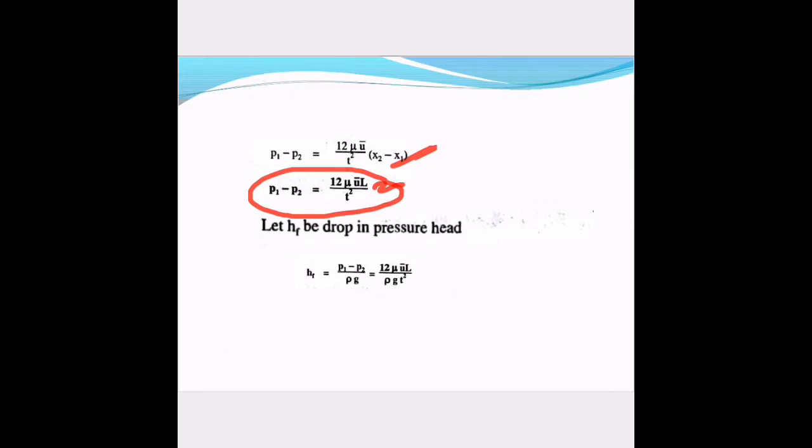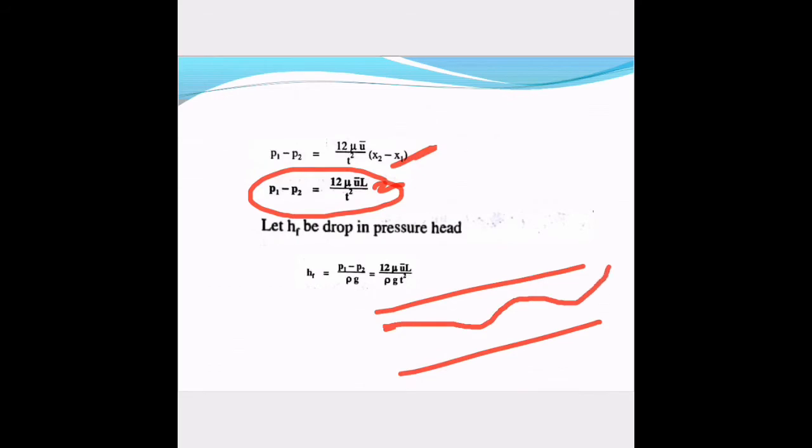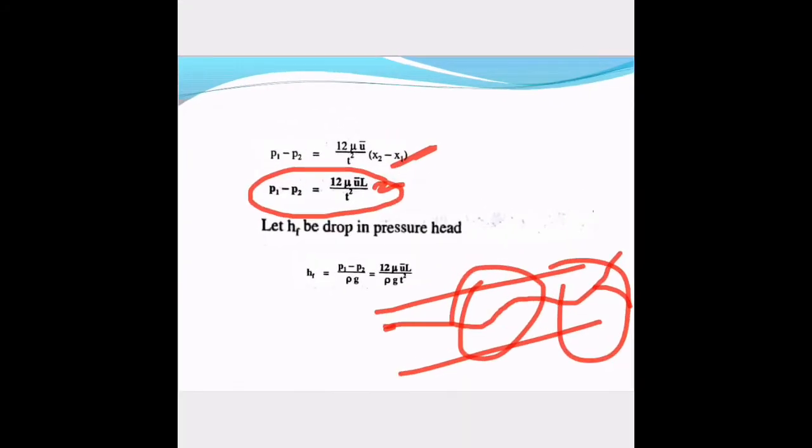So, as I have told you, head is given by p by rho g, isn't it? So you divide both sides by rho g. So it will be P1 minus P2 divided by rho g equal to 12 mu u bar L divided by t square rho g.